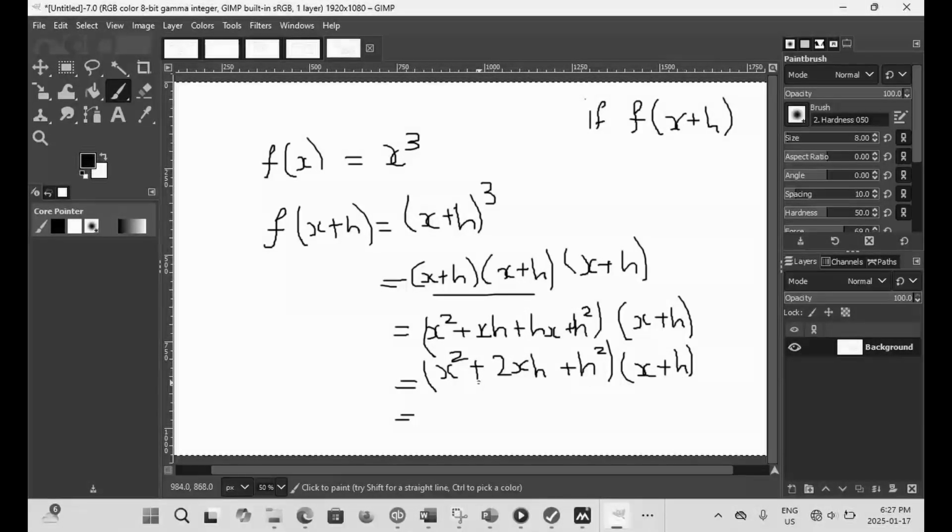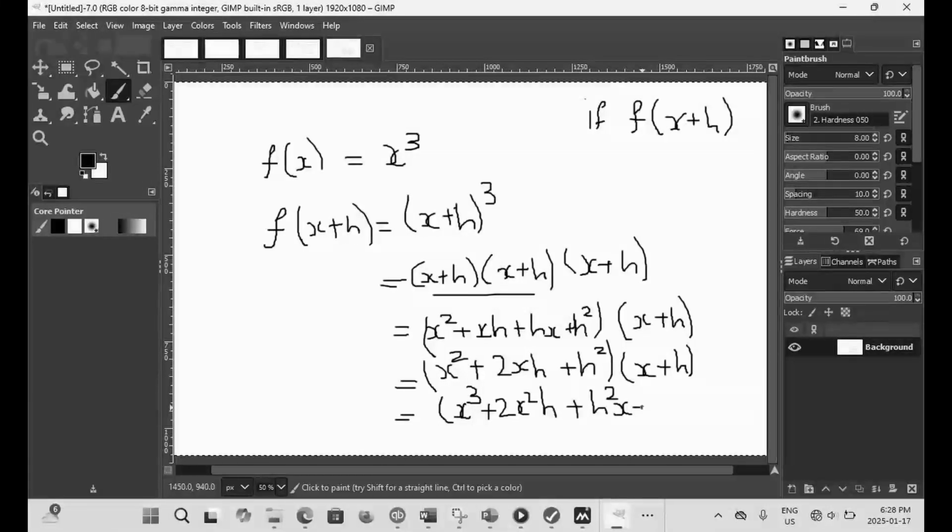So for example, x squared into x is x cubed, plus 2x squared h, plus h squared x.